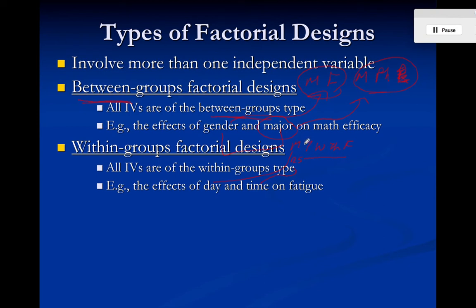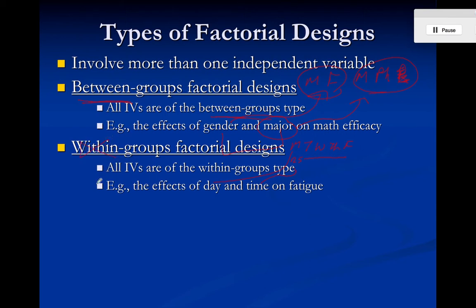She's in Monday, Tuesday, Wednesday, Thursday, Friday. So I have 5 groups for day. She's in all of my groups, so she's tested every single day. And time, she's tested 2 times during the day. She's tested at noon and at 5 p.m. Okay? Now, if Susie comes in and she is tested Monday, Tuesday, Wednesday, Thursday, Friday, but only at noon, and she's not in the 5 o'clock group, then we don't have a within groups type.